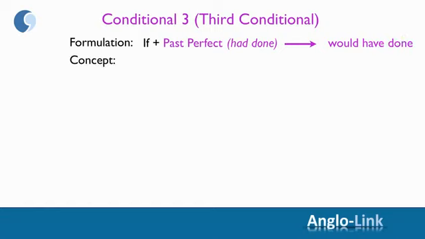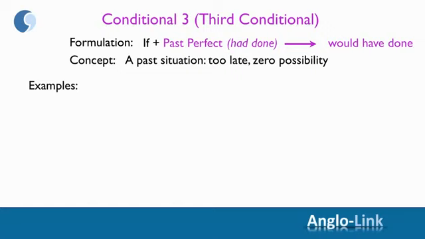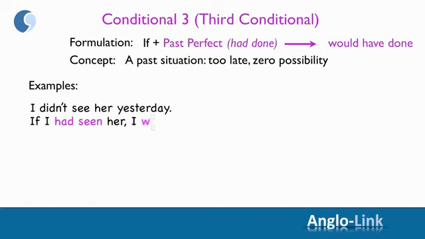The concept is very clear, a past situation. It's too late to change anything, there is zero possibility. Examples: I didn't see her yesterday. If I had seen her, I would have spoken to her.